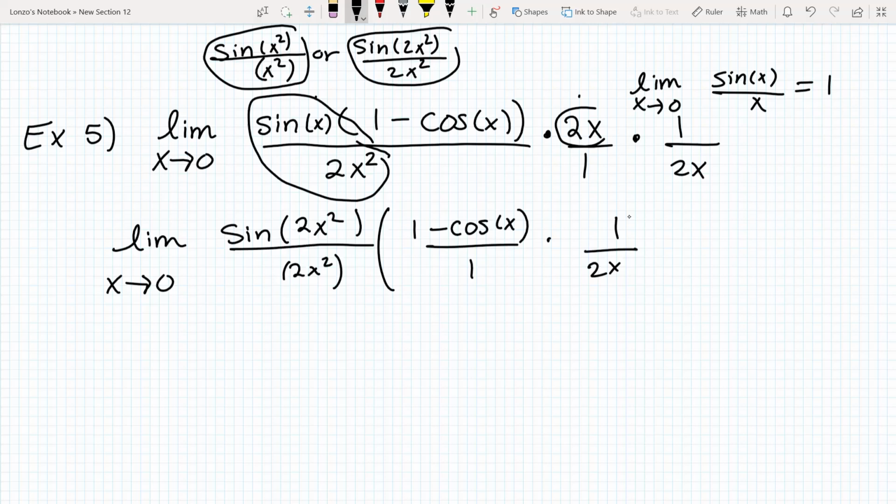What does this become? This just becomes 1 because of this identity, right?